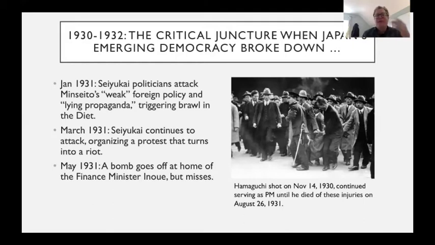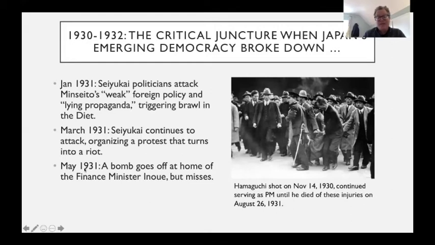So there's no television video footage of this event, but I picture something very much like January 6th taking place in Japan at that moment, with the Seiyukai party mobilizing their people out in the streets to demonstrate with banners and speeches against a Hamaguchi who is still recovering from an assassination attempt.